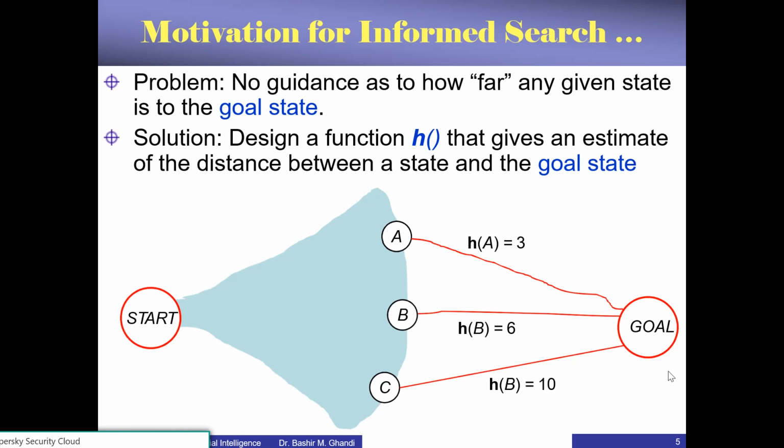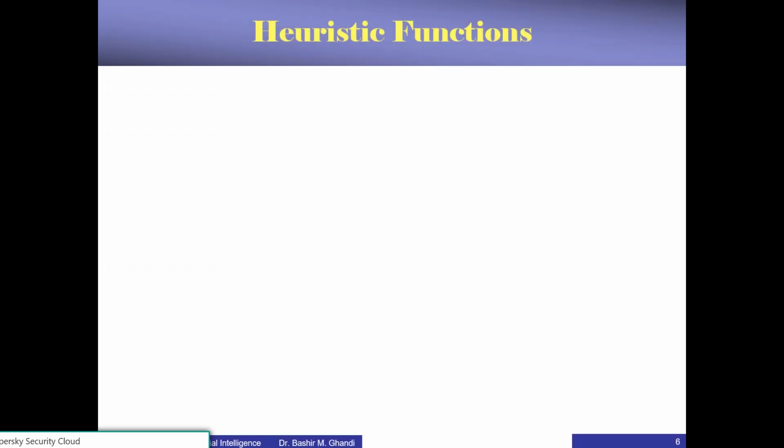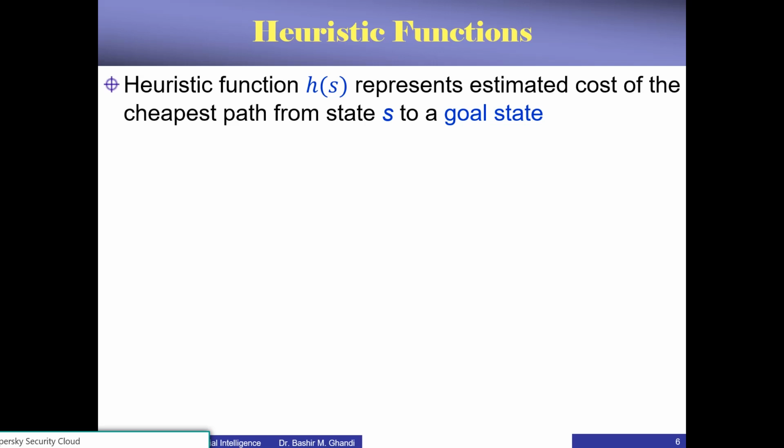Unfortunately, all the uninformed searches have no idea how much it will cost, even as an estimate, from the current state to the goal state. All they know is the cost from the start state to the current state. So this is a problem, and this is the motivation for wanting to learn about informed search. Let's now look at heuristic functions.